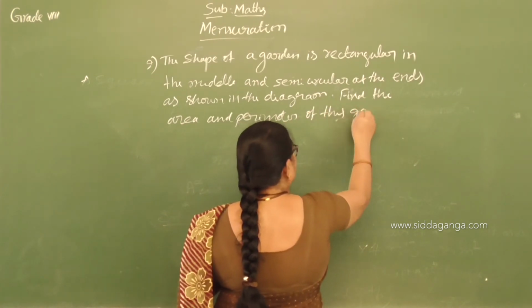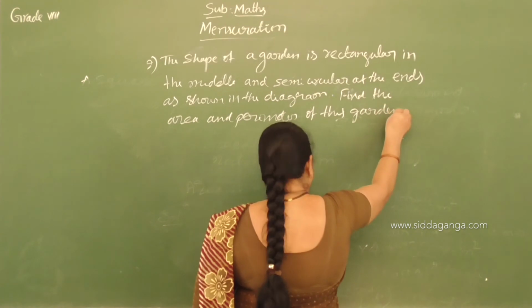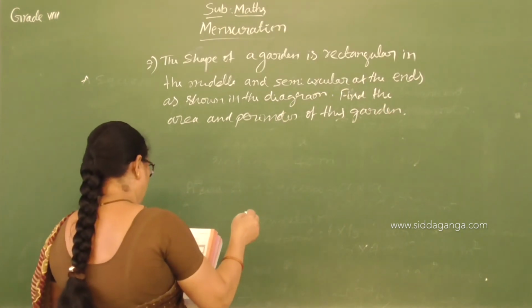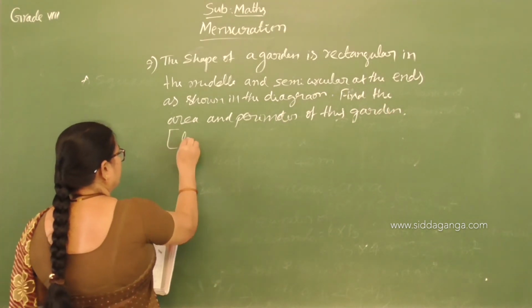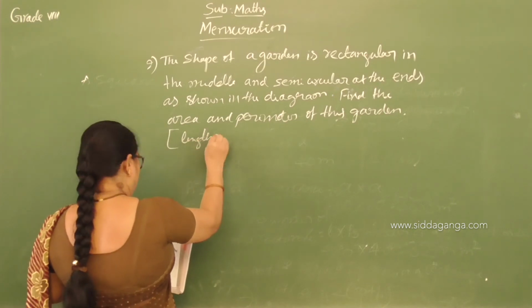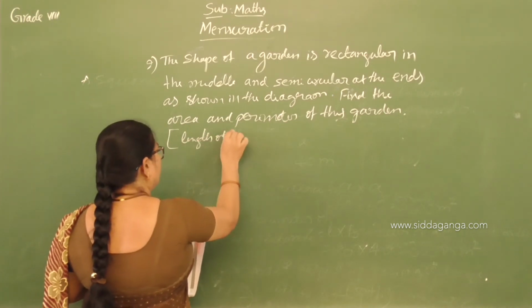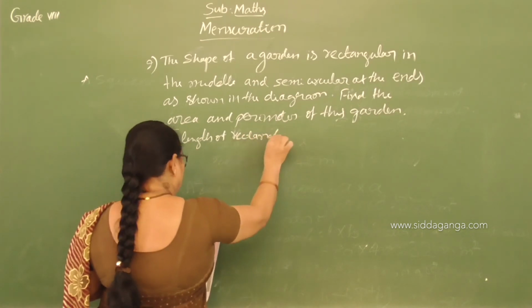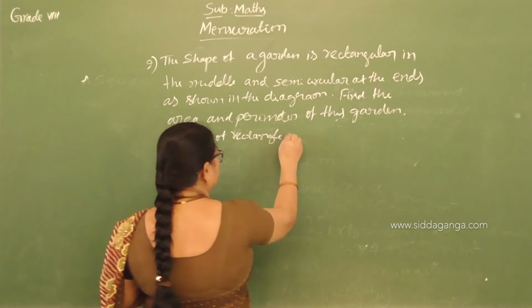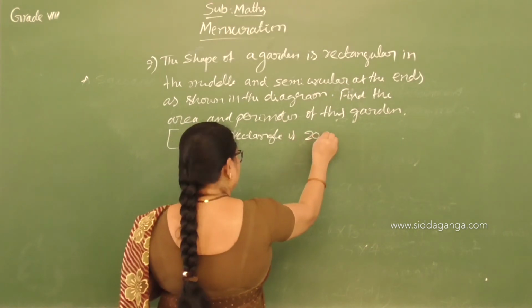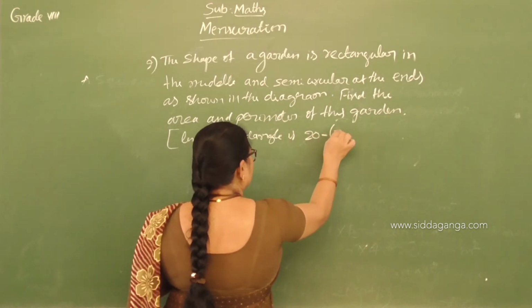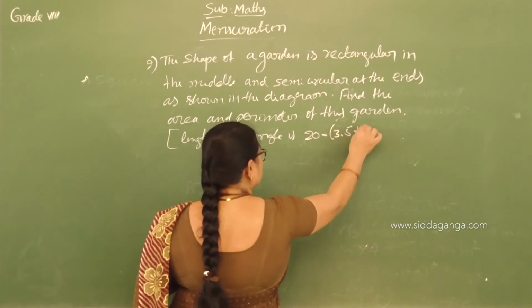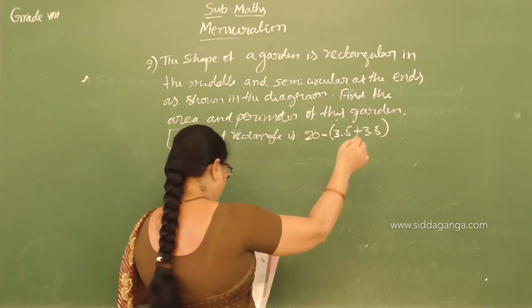Here the length of the rectangle is 20 minus 3.5 plus 3.5 meters.